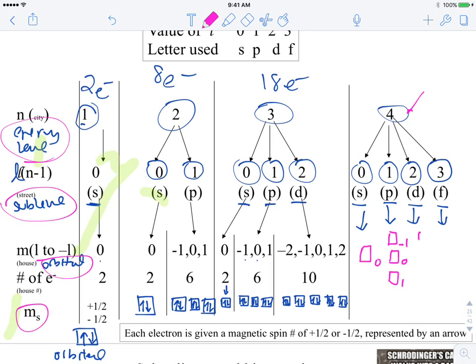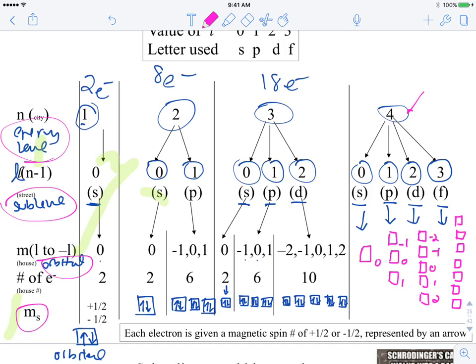For D, it would be -2, -1, 0, 1, and 2. And for F, it would be -3, -2, -1, 0, 1, 2, 3.